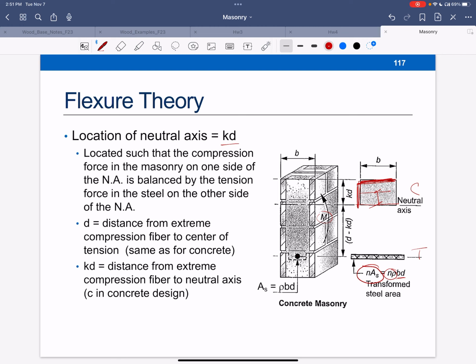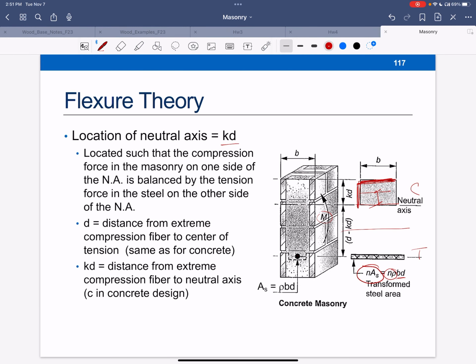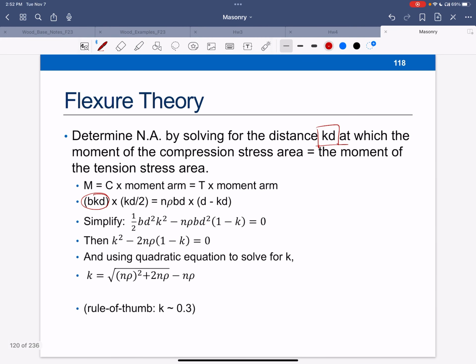And then I need d minus kd. Sorry, didn't mean to draw that. d minus kd takes me to the center of the steel reinforcement. So that's that moment arm. Two moment arms, and then these are the forces. So simplify that.